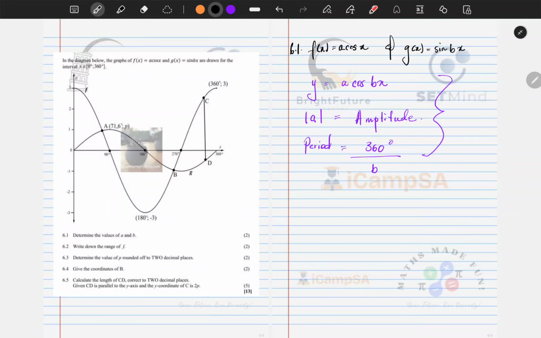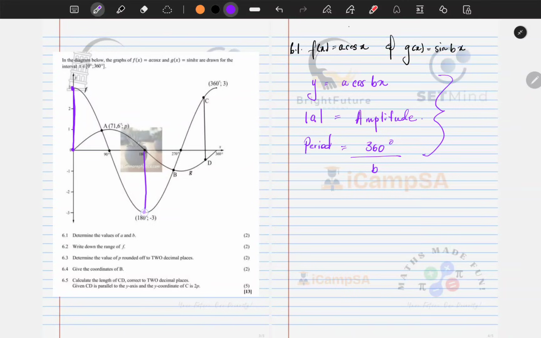When we look at f(x), we are required to determine the value of a. Remember what we said about the amplitude: amplitude is the distance from the origin of the graph to the maximum value of the graph. If we want our amplitude, it will be from here to here. This will be 3 units, and it also can be from here to here.